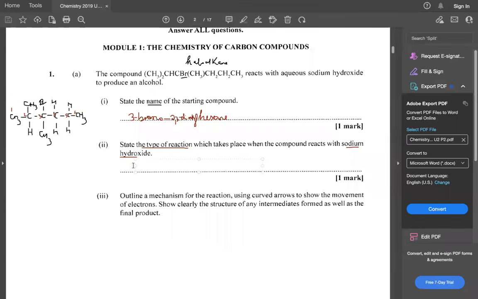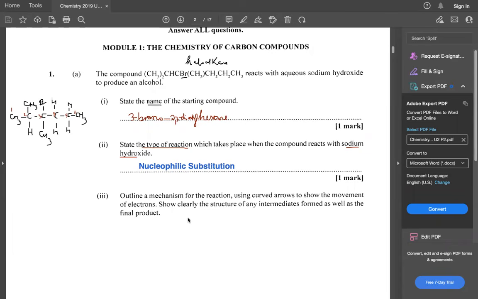So let me just type that in here, that we have a nucleophilic substitution. That's our reaction here, right? So that's for 1 mark. That's all they want, just to state the type of the reaction.